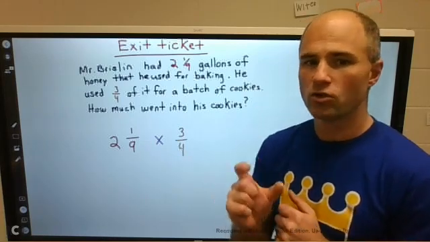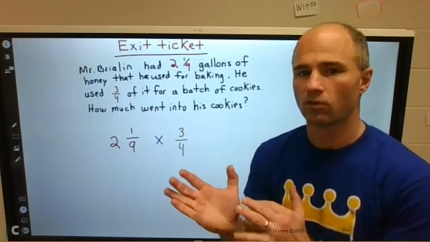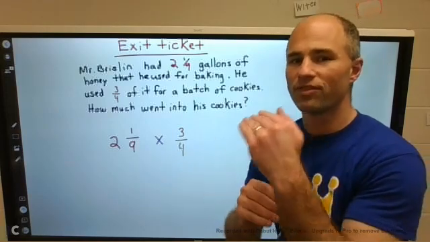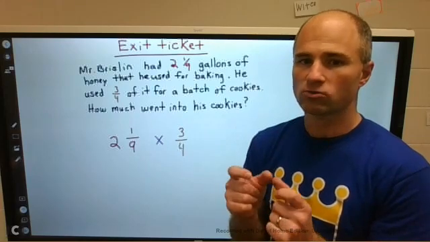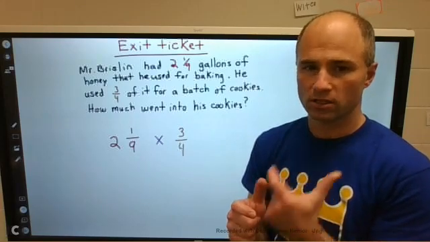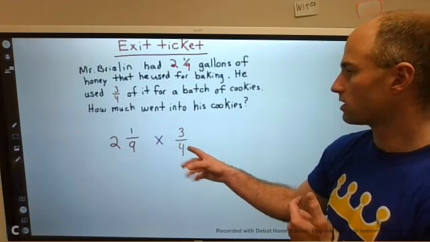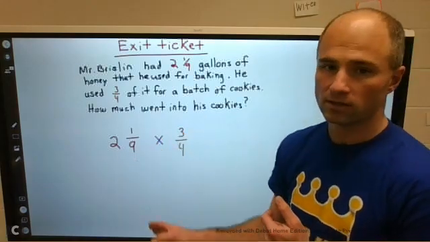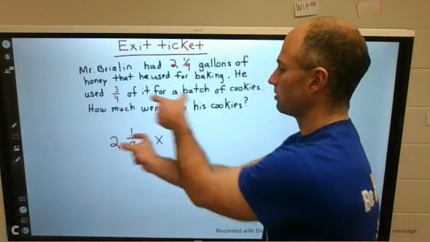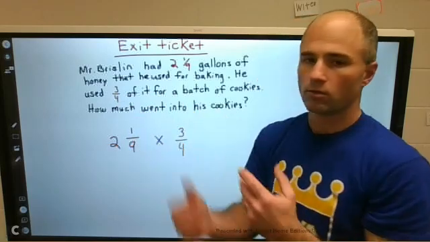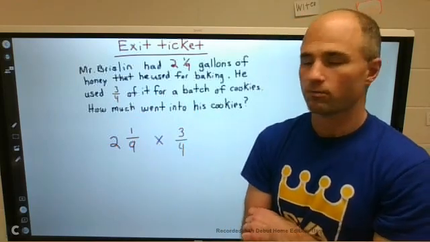So he has 2 1/9, and I want to know what 3/4 of that is. That's why I turned it into a multiplication expression. 3/4 of 2 1/9. I could rearrange these, but they would mean the same thing.